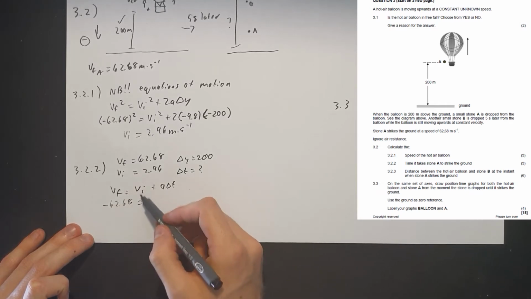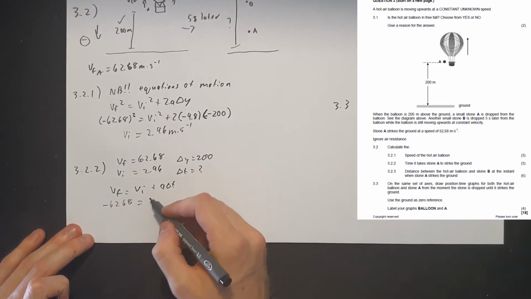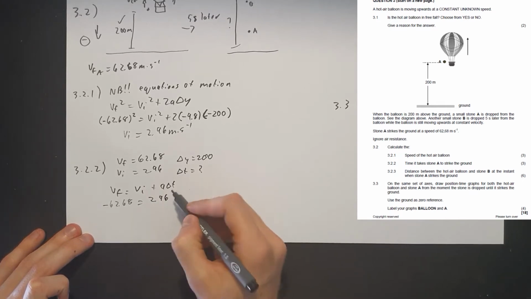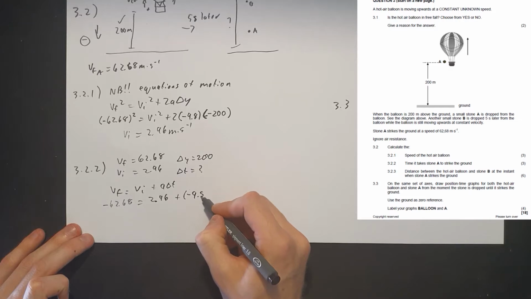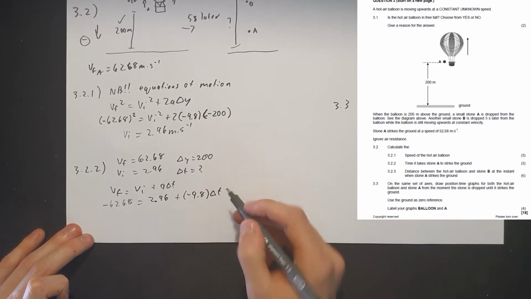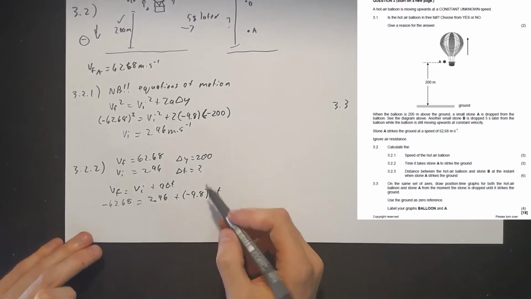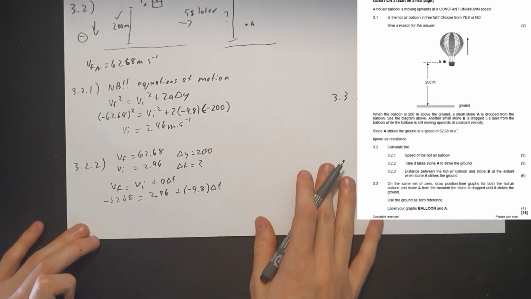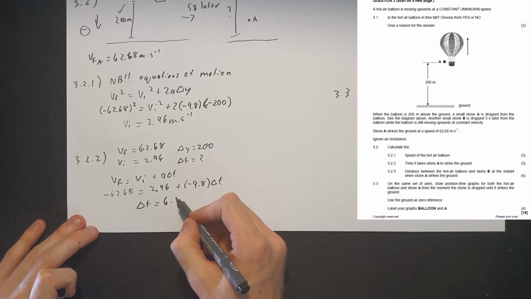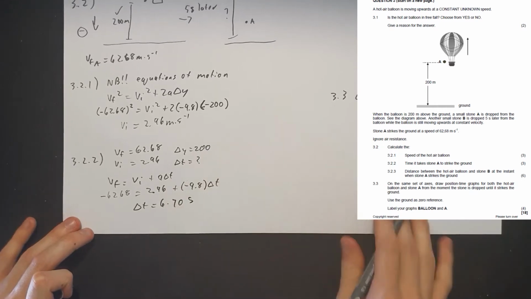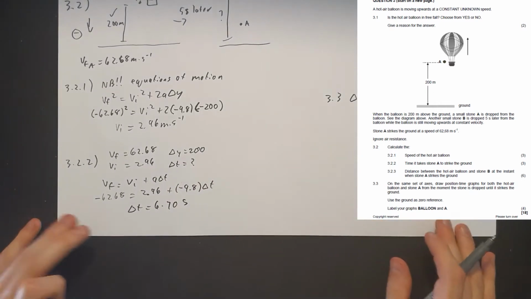Our initial velocity was upwards, so that's 2.96, it's positive. Plus my acceleration is down again, so minus 9.8, and we want delta t. If you manipulate your algebra, you are going to get delta t equals 6.70 seconds that the stone is in the air for.